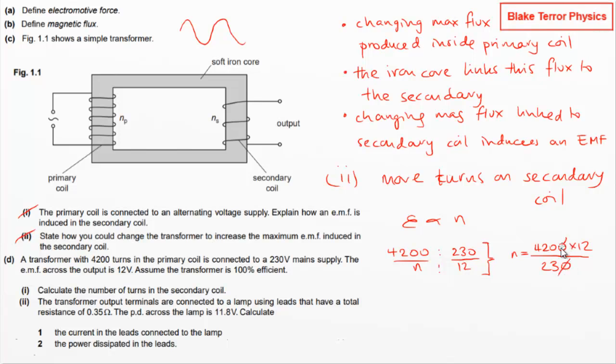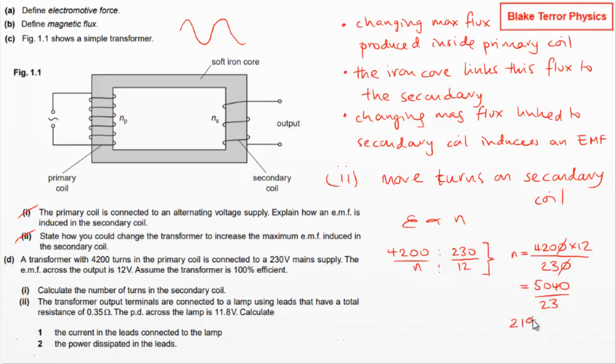So let's cancel that and that. Multiply 420 by 12, which is going to be 5,040, and then divide by 23. It's not going to be an integer number of turns because that does not divide by 23. 23 times 200 is going to give us 4,600. If we had another 20, that would be slightly over. So 220 is too much, 219 is too little, because that would be 5,037.